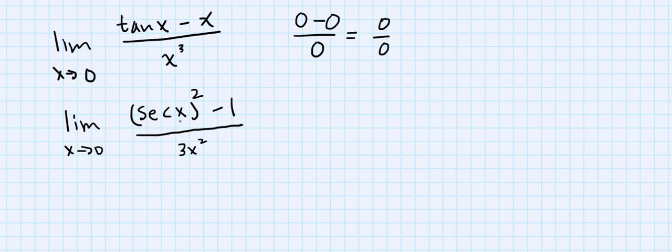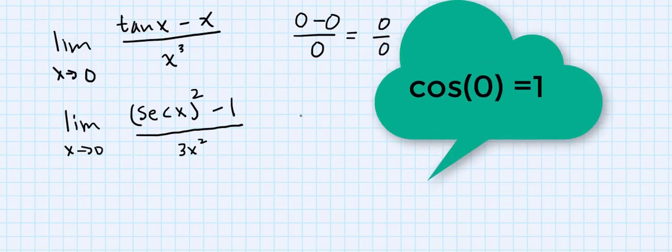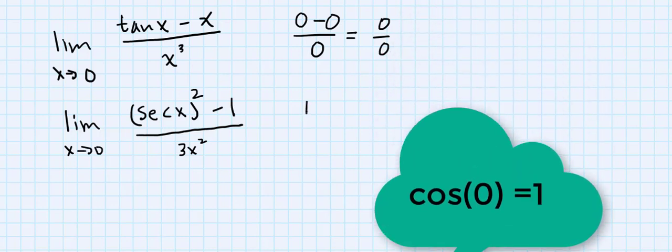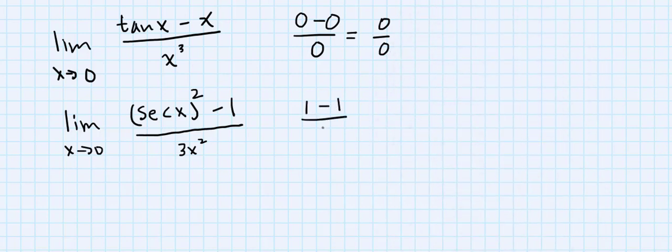So what happens when you plug in 0? What is secant of 0? That's 1 over cosine x. Cosine of 0 is 1, so 1 over 1. So secant of 0 is 1, and 1 minus 1 over 0 is again 0 over 0. So we have to do it again. So apply L'Hopital's rule.